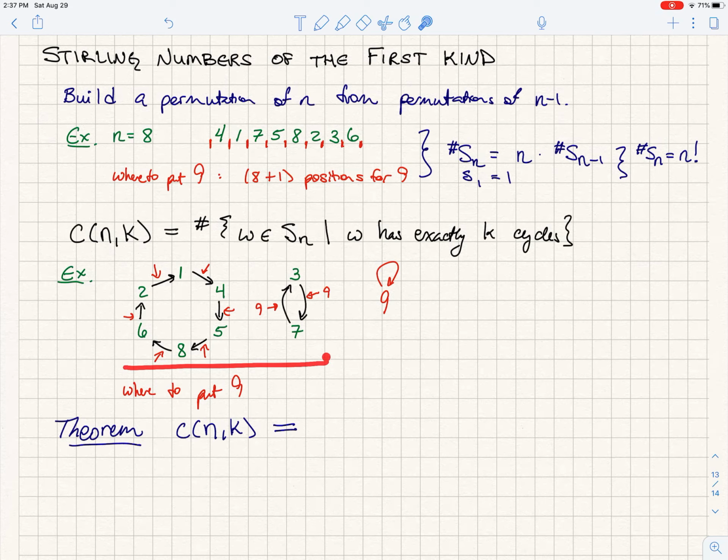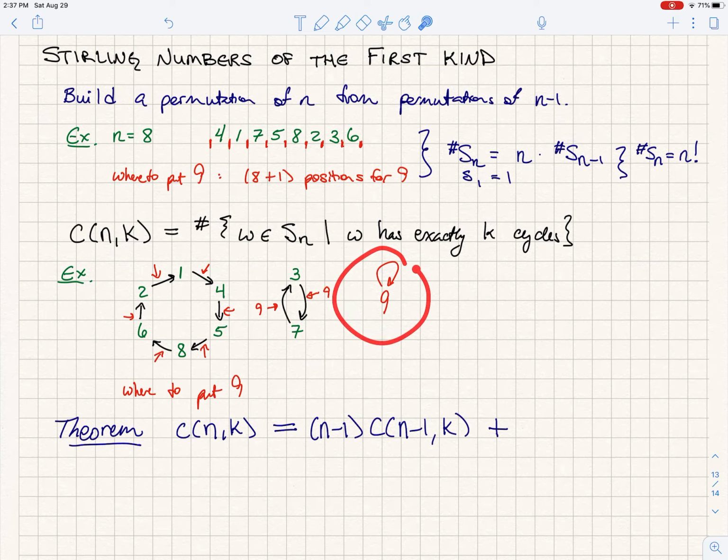There are n minus 1 positions where I can add my letter n, and I fix the number of cycles. Or I could do the case over here where I create a new cycle, and there's no choice in that. So I get C(n-1, k-1), because I still want to have k cycles at the end.